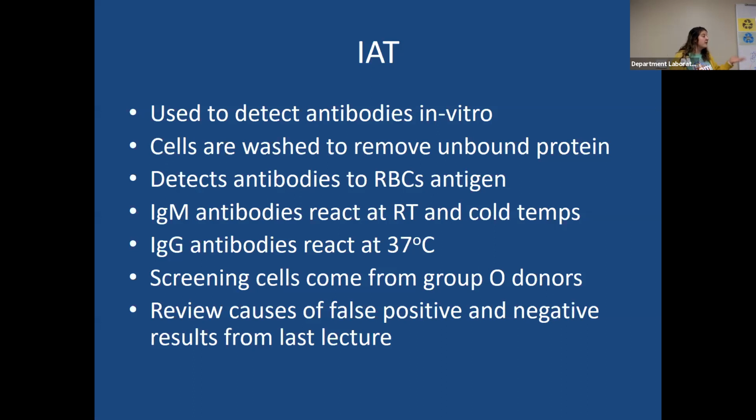So if you had any cells other than O, those ABO antibodies from the patient would react with your commercial screening cells. That would give you positive reactions. You wouldn't be able to identify any other antibodies to other red cell antigens. Does that make sense? All right, so that's why they're group O, to remove the interference of ABO antibodies.